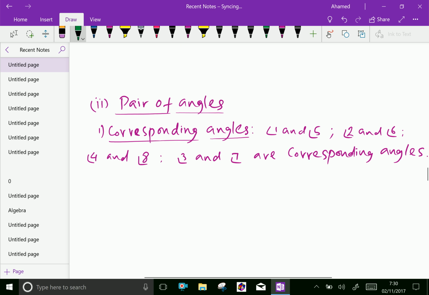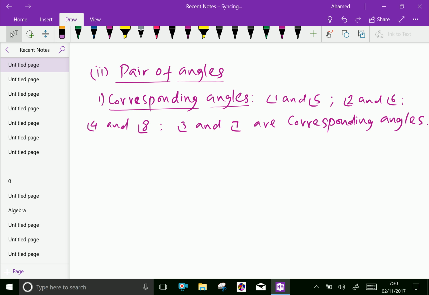Next, pairs of angles. First one, corresponding angles. Look at this figure. Here are lines L, M and N, with L the transversal.